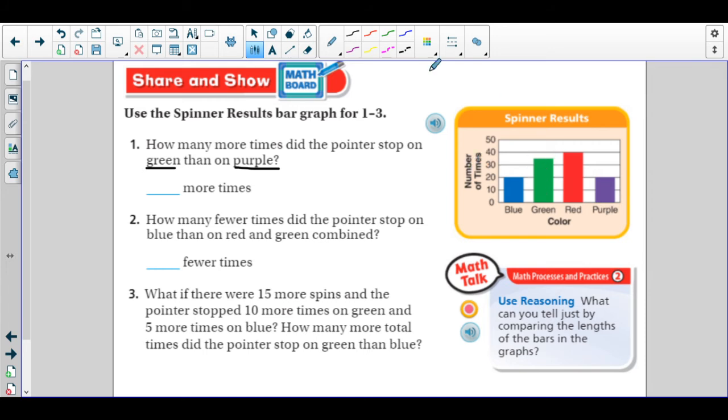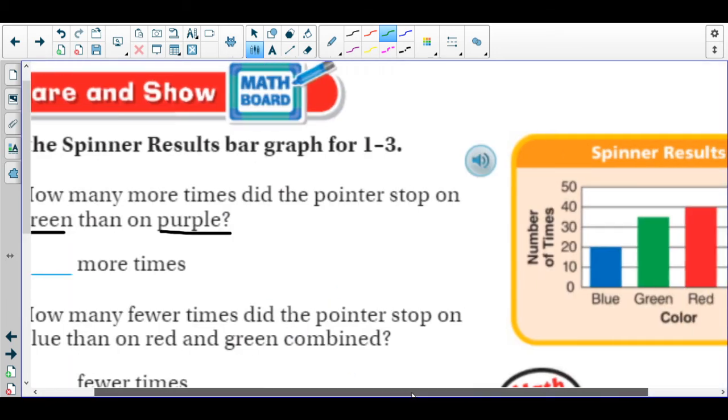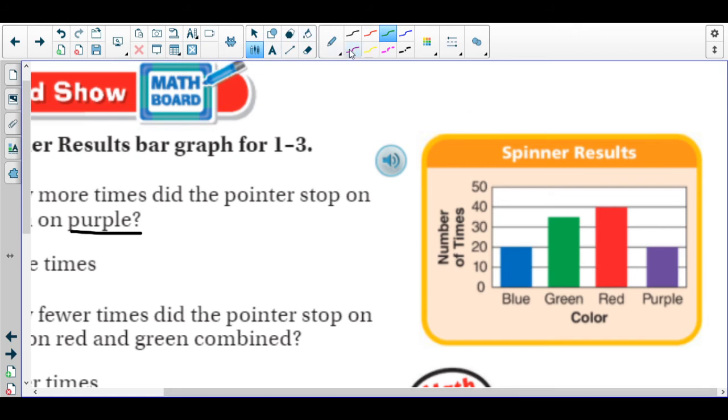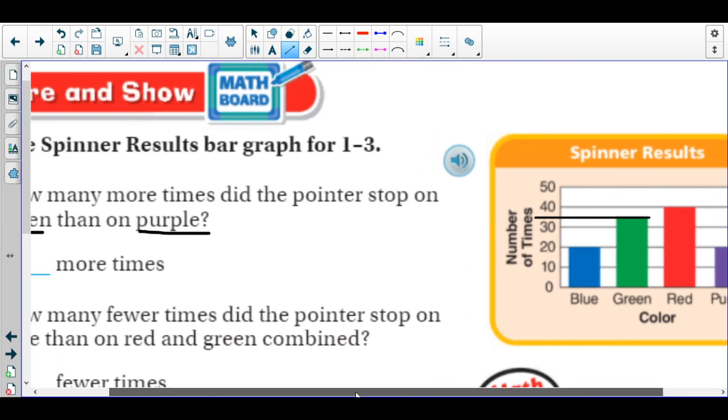Well, on green, it stopped, and I might need to zoom in here to see. So, right about there, and it looks like it is right in between the 30 and the 40.